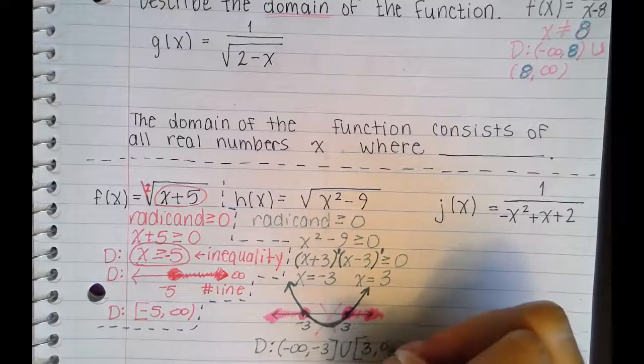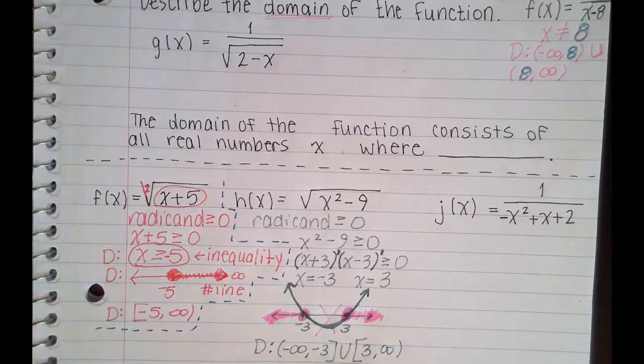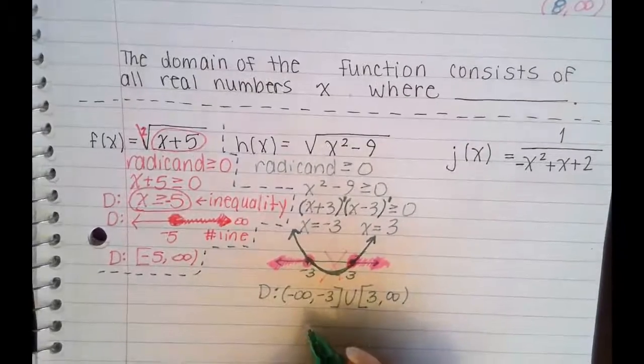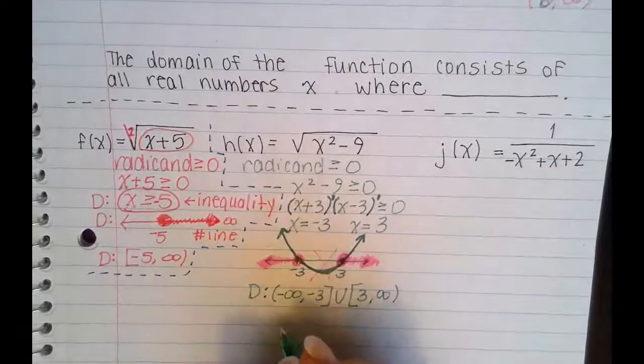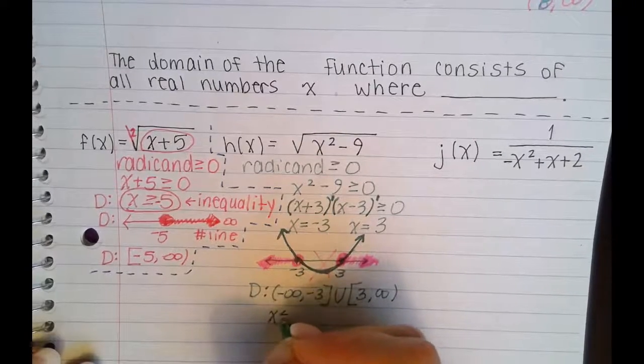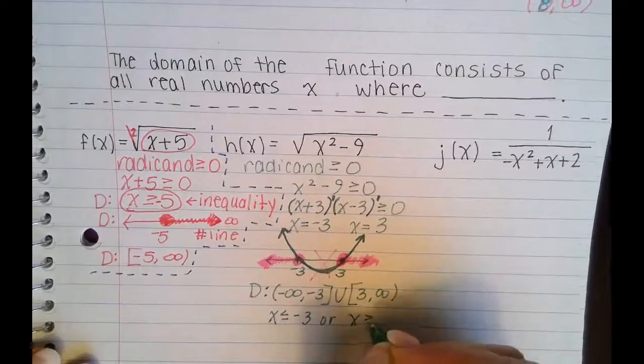Well, the way you would do that, and I'm not a big fan of that because it is more confusing to read if you ask me, I would say that x is less than or equal to negative 3, or x is greater than or equal to 3. But I think this is more logical. It goes from left to right. It's easier to follow than the inequality. Okay?